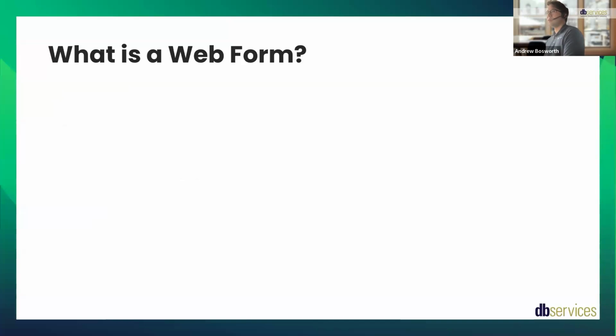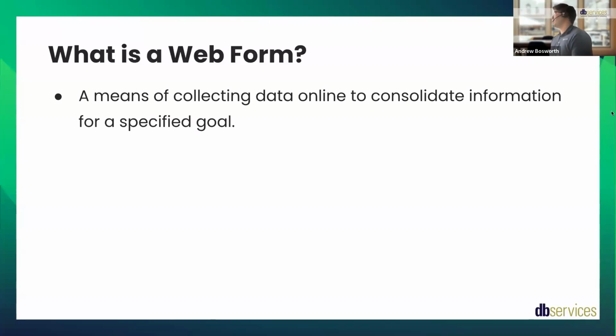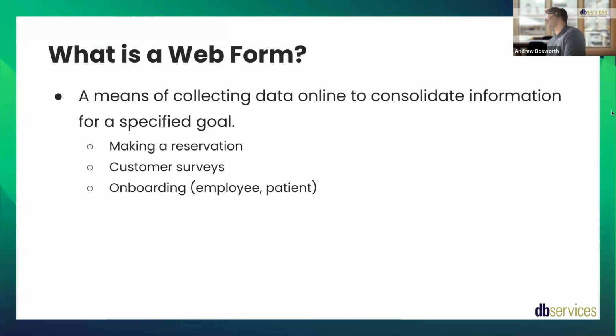What is a web form? So most people probably do have an idea of what a web form is. The definition we have is a means of collecting data online to consolidate information for a specified goal. So just to give you guys an idea, here's some examples that we compiled, like making a reservation for a restaurant, show, whatever. You got to fill in the web form, time, date, number of people, that sort of thing. Surveys, if you've ever used the service online, a lot of these will send you a survey at the end to ask you how they did.